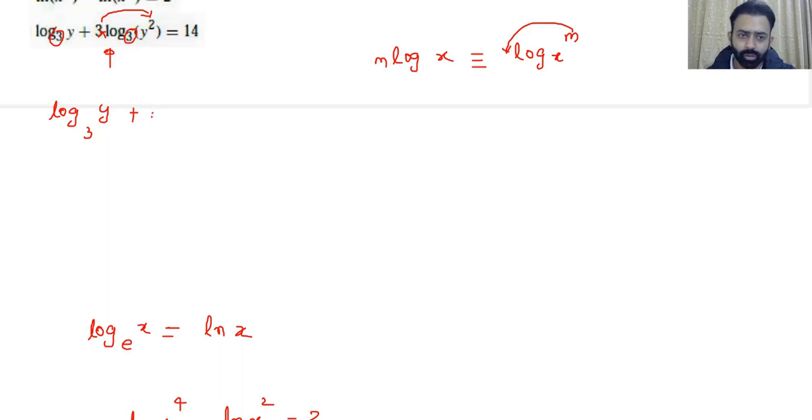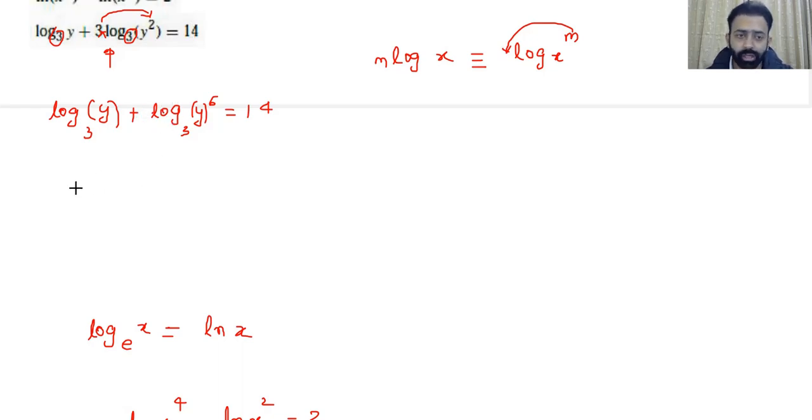So log y square raised to power 3 is in fact y raised to power 6, right? And base is now 3. This is equal to 14. Now it is in the form of log a plus log b. This b can be in exponent form. There is no problem in this, but there should not be any number which is in multiplication of this log.